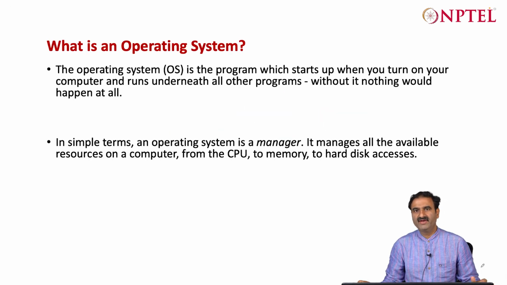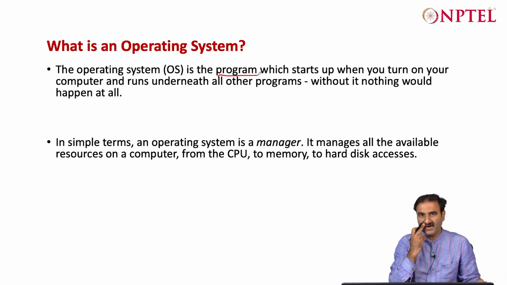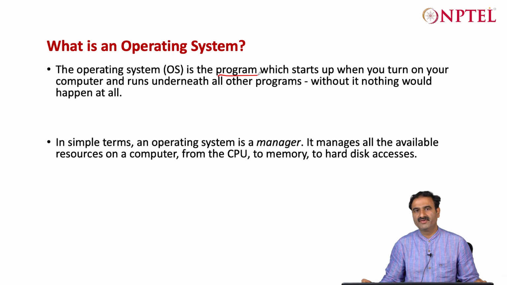So Linux is an operating system, and there are several operating systems available. First of all, let's see what an operating system is. Basically it is a program that starts when you switch on your system. You might be using an Android phone or a Windows PC, or a Linux system if you are already using one.